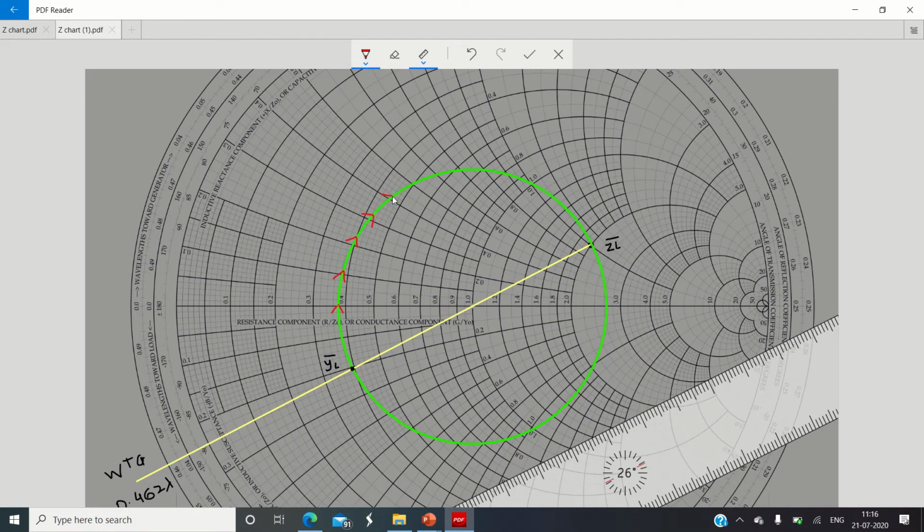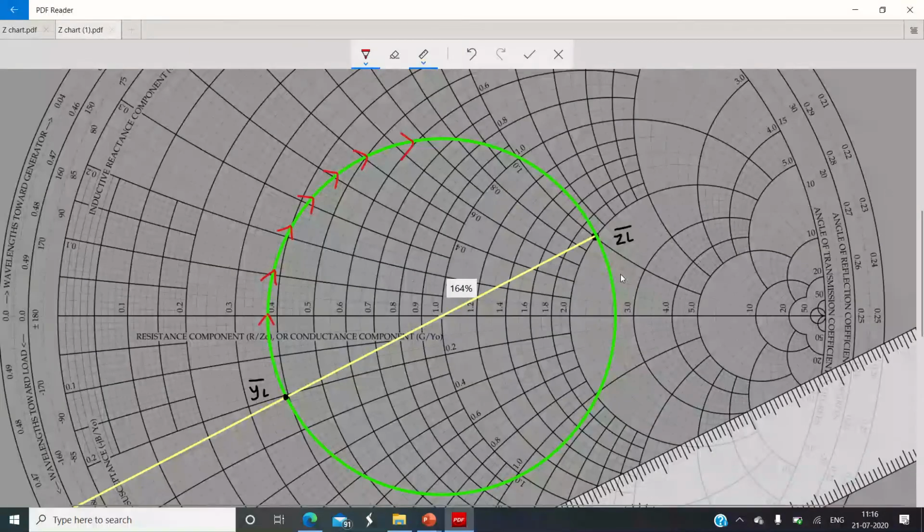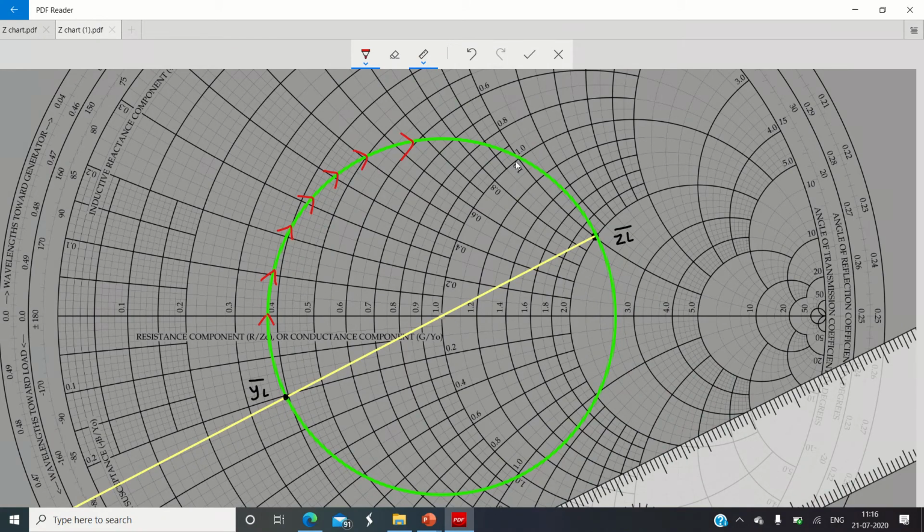We need to trace till we get an intersection with this unit conductance circle. Here you can clearly see that the VSWR circle intersects over here, so I will plot that point there.